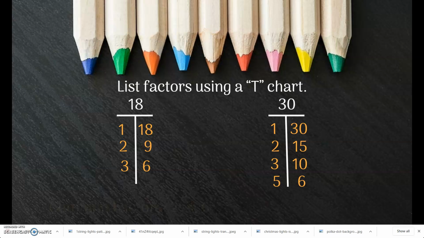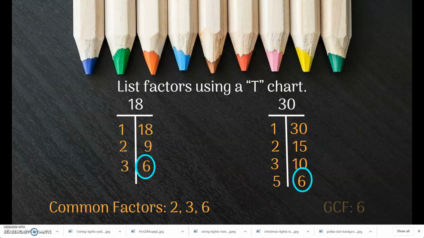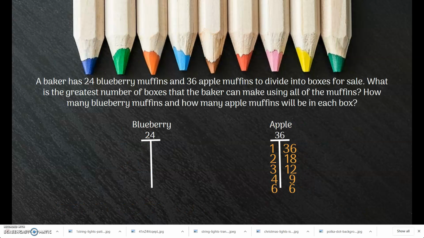So we know the factors 2, 3, and 6 are what both 30 and 18 have in common. But to find the greatest common factor, we pick the biggest of all the common factors, which is 6. So the greatest common factor of 18 and 30 is 6.